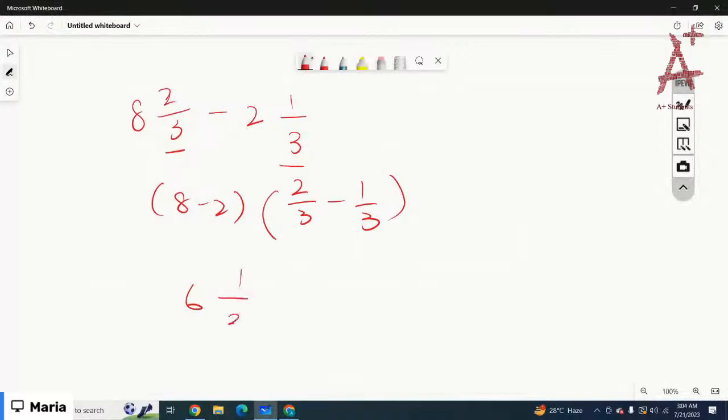So the correct option is 5 whole 1 over 3.